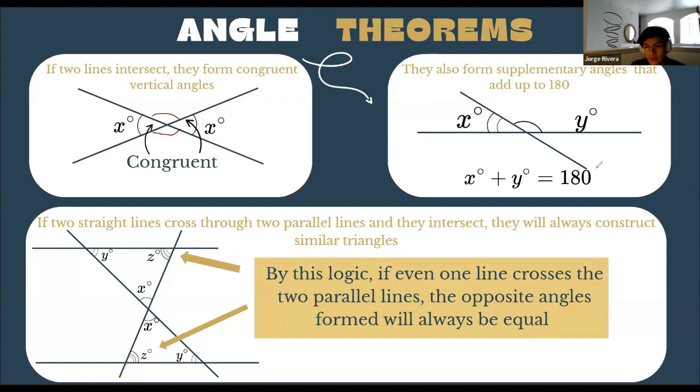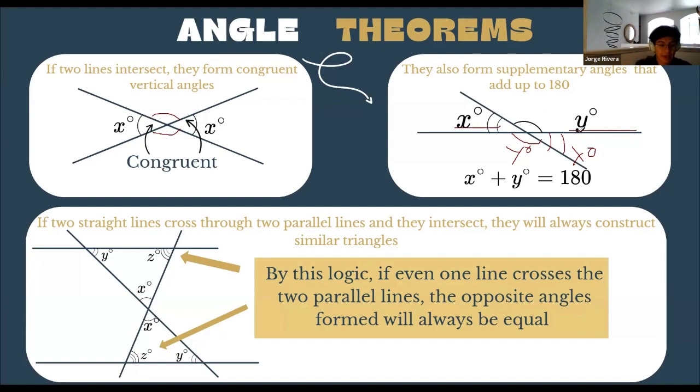So here we have another intersection. This angle would be equal to this angle. So you could say that this one is x degrees, and this is also y degrees, right? But apart from that, we can create these supplementary angles. Supplementary angles are just angles that add up to 180 degrees. Because a line, technically, if you think about it radially, forms 180 degrees.